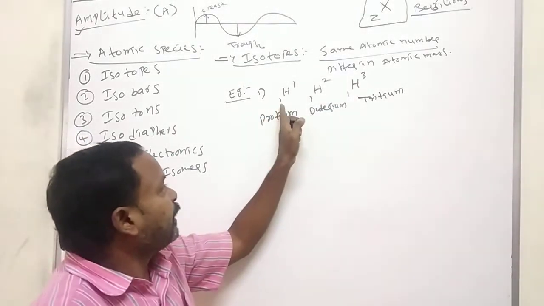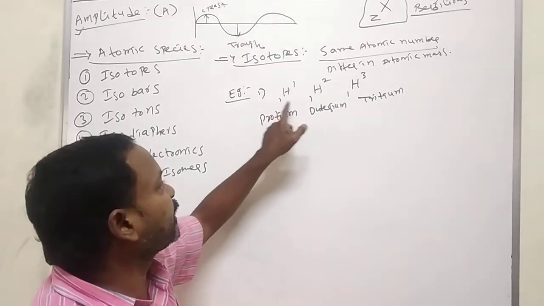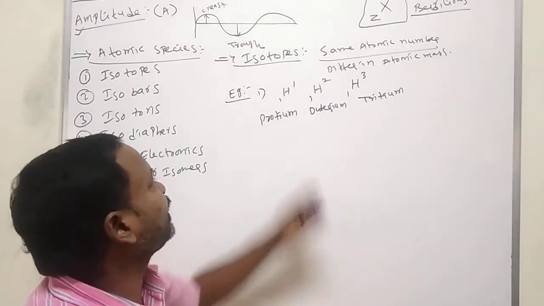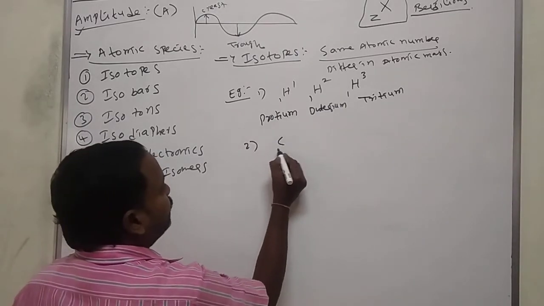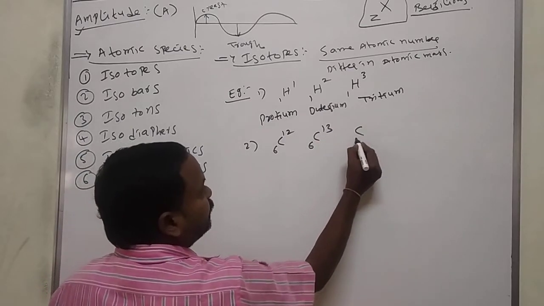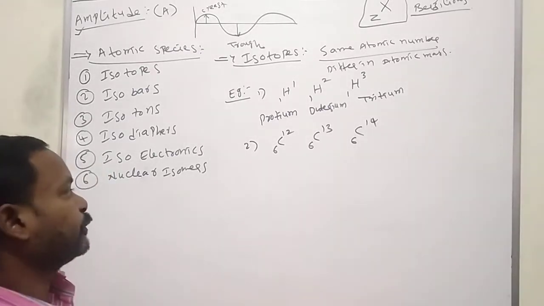See here, Z is equal to atomic number, right? Atomic number is the same, these have different atomic mass. Simply we call them isotopes. So many examples are there. I am taking one more example: carbon 6-12, carbon 6-13, carbon 6-14. These are also isotopes.